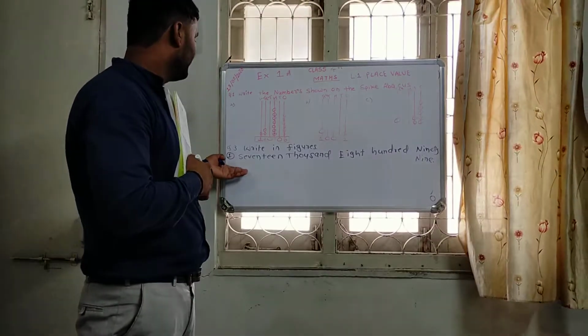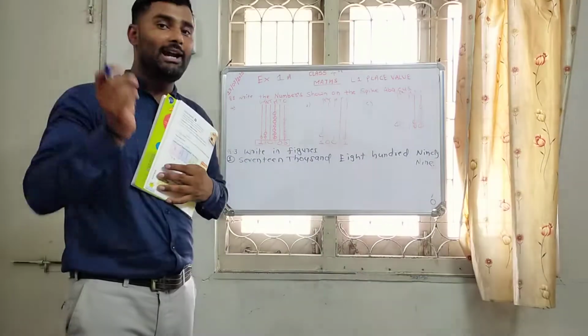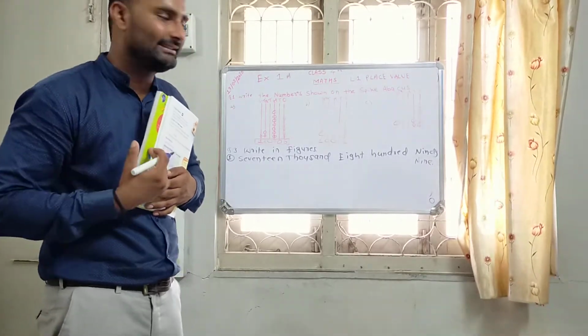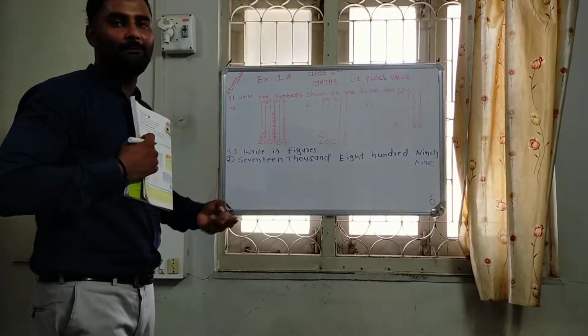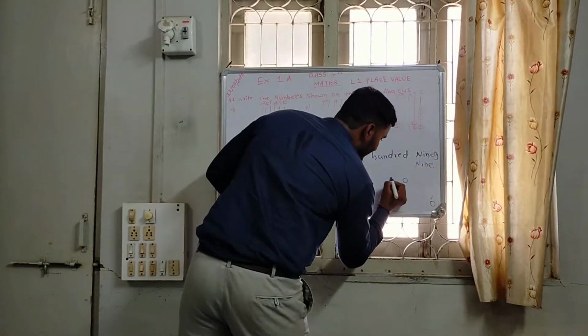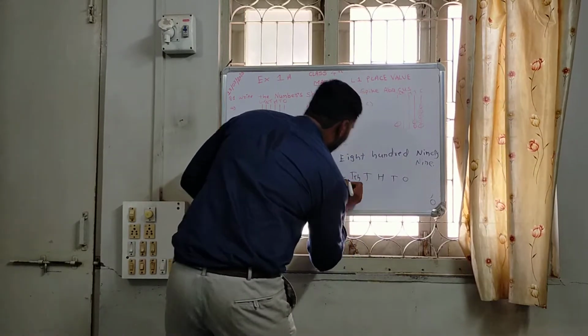The question number 1 is 17,899. While I am listening to this number, it makes sense that my answer is related to the place value chart. Now I write here the place value chart: ones, tens, hundreds, thousands, 10,000, lakh.